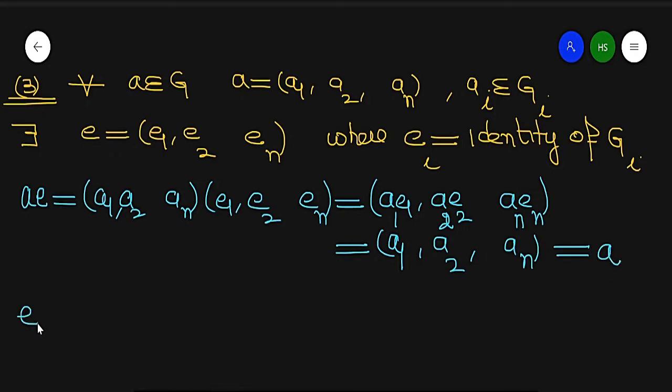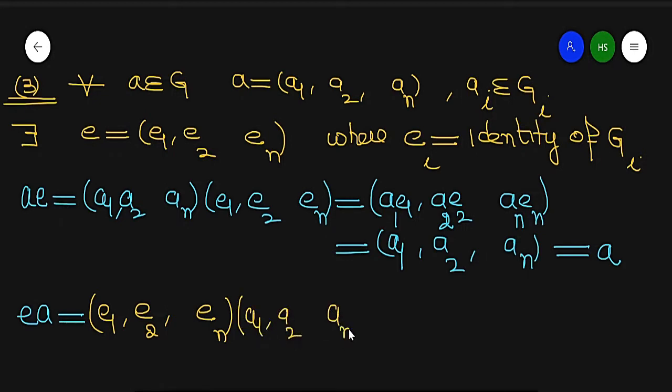Now similarly, we can write e times a. So what is e? e is (e1, e2, and so on up to en) times (a1, a2, and so on up to an).